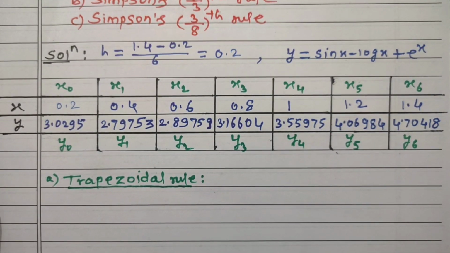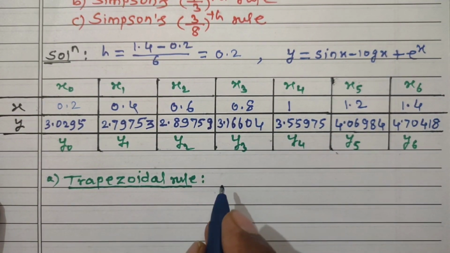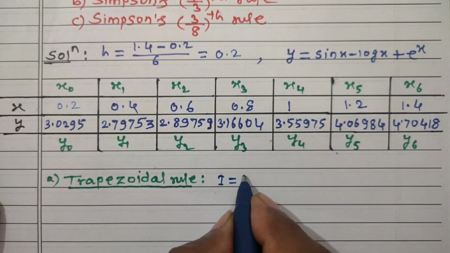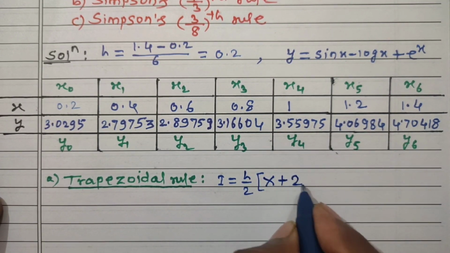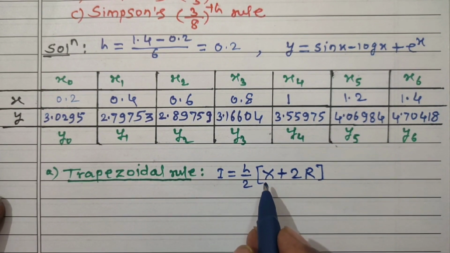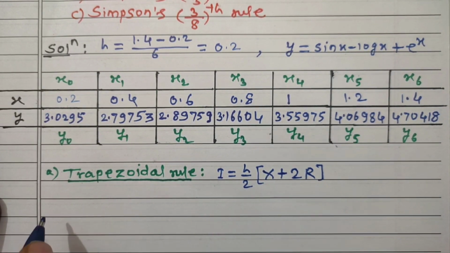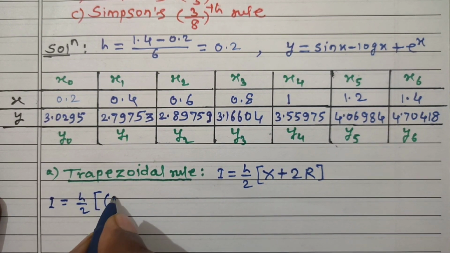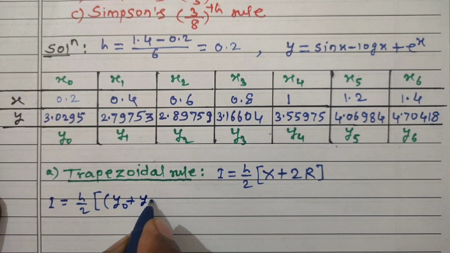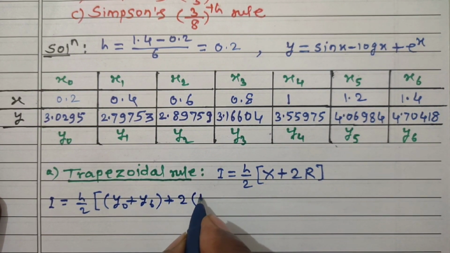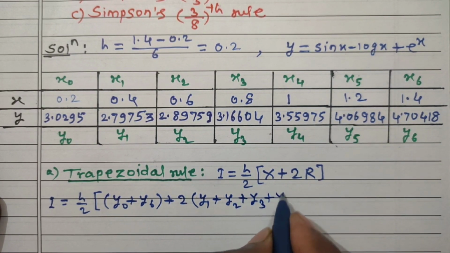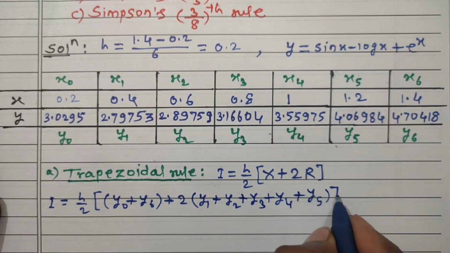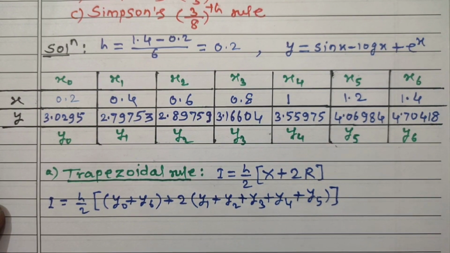applying numerical methods. So by the trapezoidal rule, the value of the integral I is given by h upon 2 into bracket X plus 2R. X means extreme values and R means all remaining values. So I is equal to h upon 2 into bracket y0 plus y6 plus 2 times y1 plus y2 plus y3 plus y4 plus y5. Put the values of ordinates and the value of h.